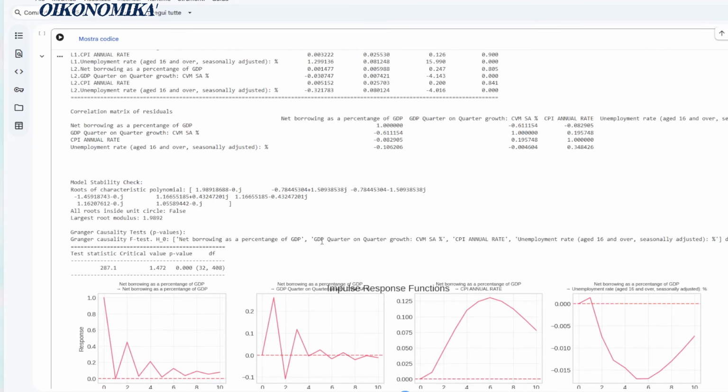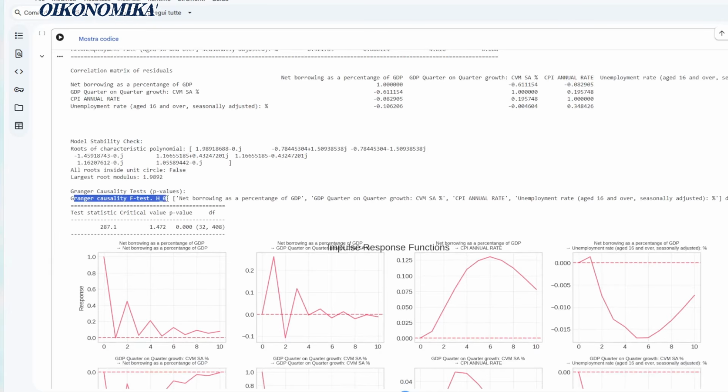Here we see how there is Granger causality. What that means is that these variables truly cause each other to move. It's quite significant, because the statistical value, the F-test, is quite high.